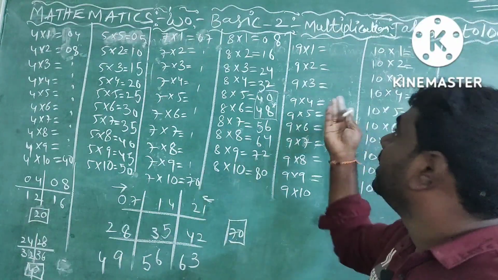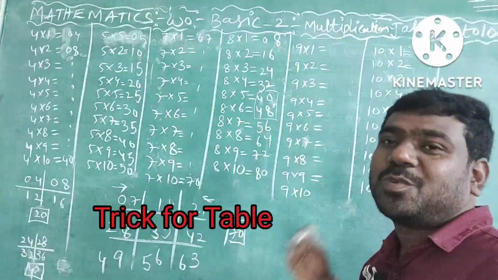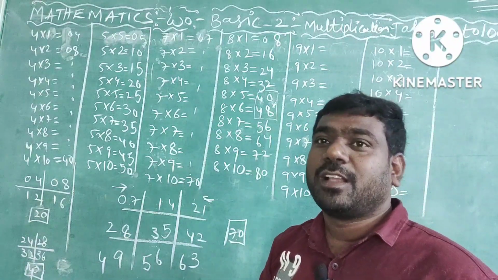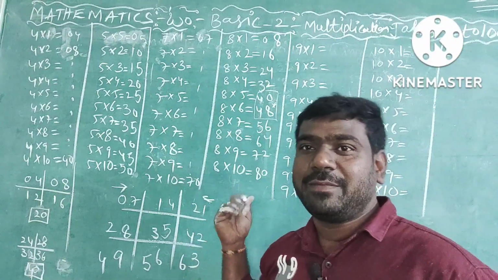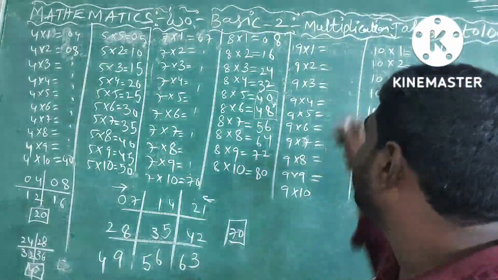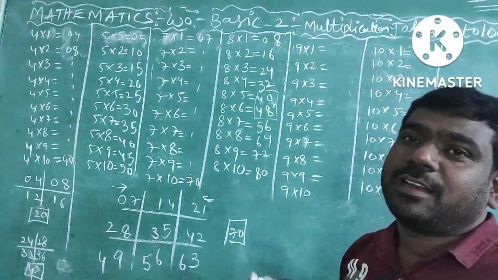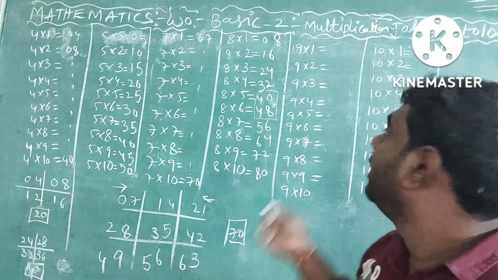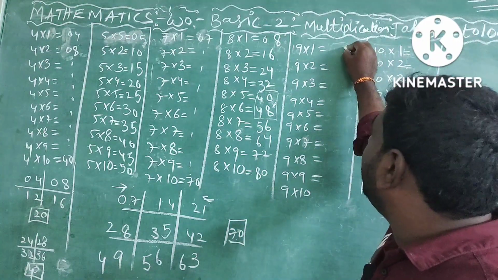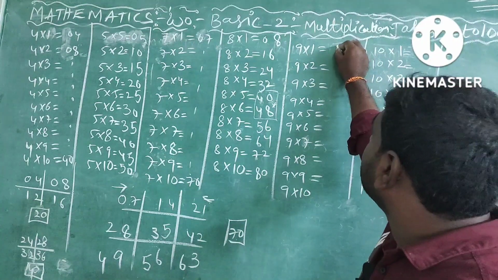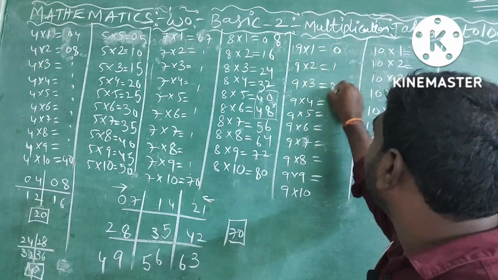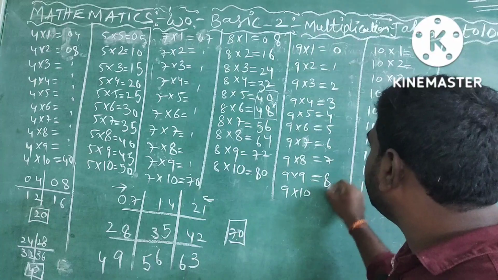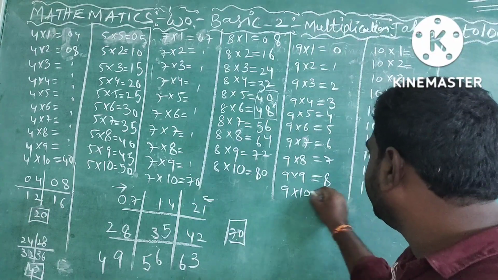Next one is the 9 table. Actually most of the children know the 9 table. Yes or no? I will explain it with the same trick only. We will apply it here. First, what should we write? First we have to write the numbers 0 to 9. So I am writing here, see: 0, 1, 2, 3, 4, 5, 6, 7, 8, 9.